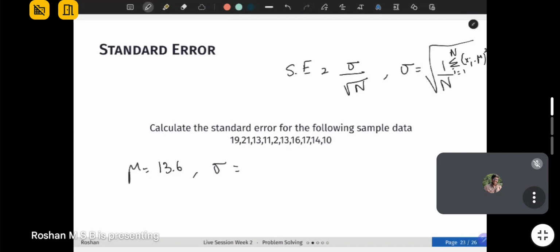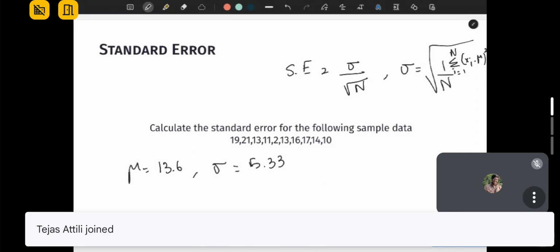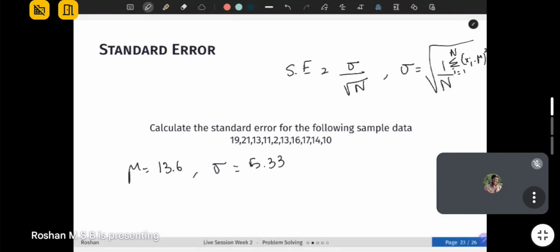Okay. Is everyone else getting the same answer? I have not calculated these values, so can anyone else also verify if this is correct? It will be good.